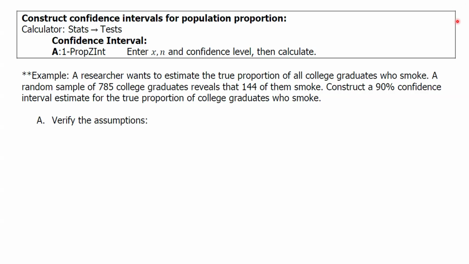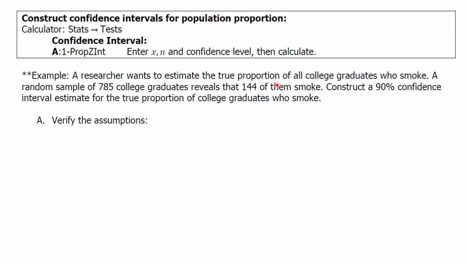In our calculator, we would go to stat and then over to tests. In the tests, we would locate 1-PropZInt. In this test, we would then enter in our X and N, confidence level, and then calculate. And that would then give us our confidence interval.